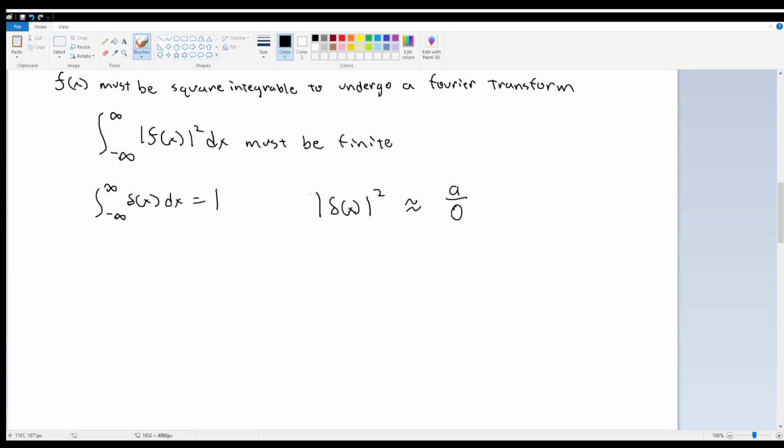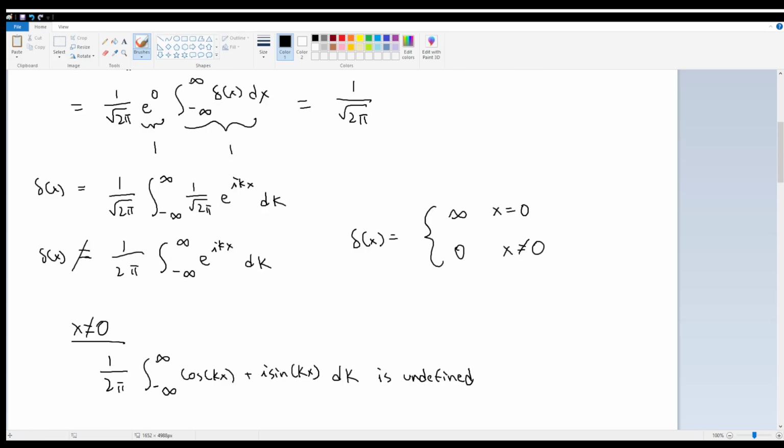Smooth functions are basically functions that are infinitely differentiable, and their derivatives are all very nicely behaved. There are no discontinuities or anything. And because the Dirac delta is this artificial creation that isn't actually a real function, it's not considered a well-behaved function, and because of that, it can't be transformed. So we run into this issue of the Fourier transform that we get being very obviously incorrect.